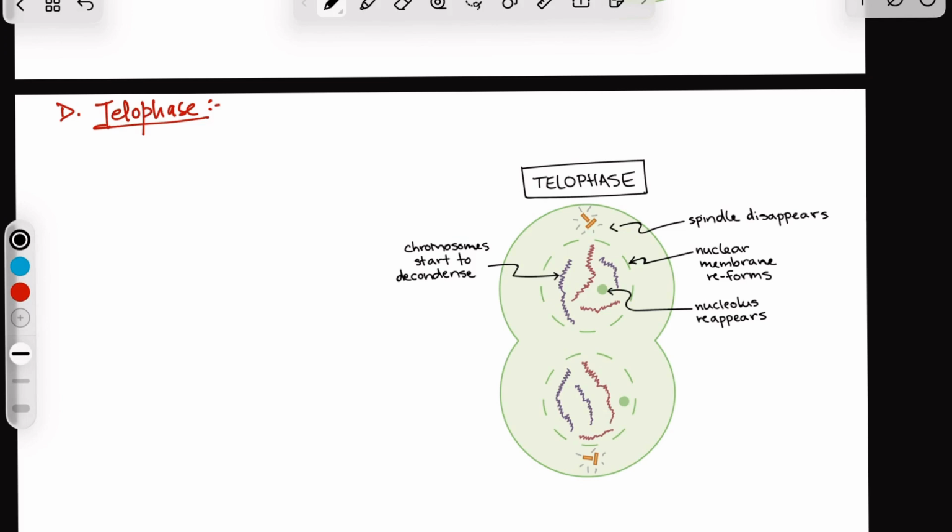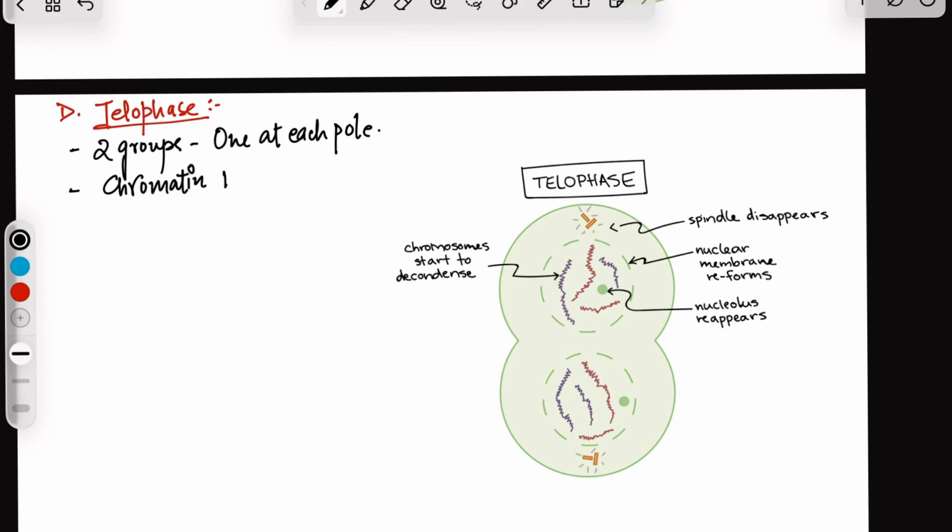Next is telophase. Here, daughter chromosomes reach the poles and form two groups, one at each pole. Chromosomes uncoil to form a chromatin net.